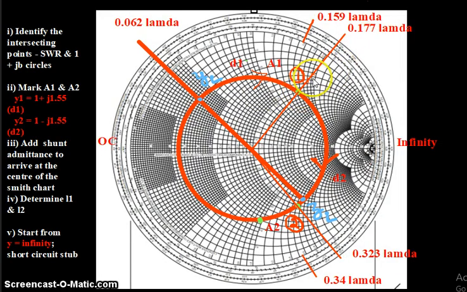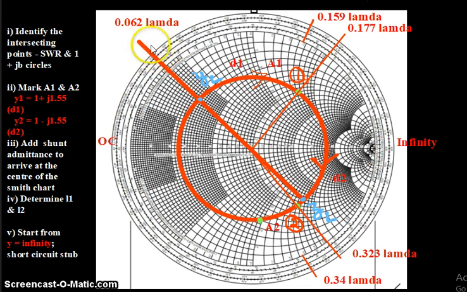Here, the first point, the A1 point, is 0.177 lambda, which we read on the outermost scale. So using the outermost scale, the A2 point gives 0.323 lambda and the YL point gives 0.062 lambda.